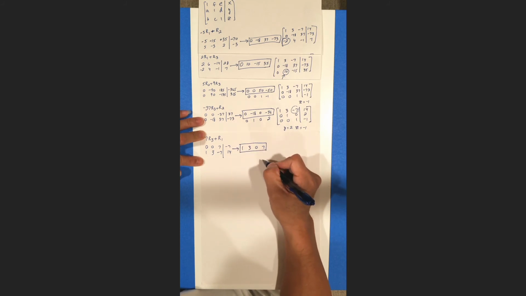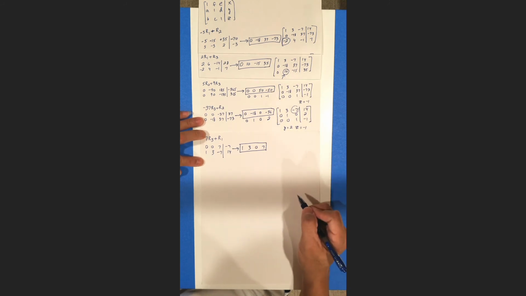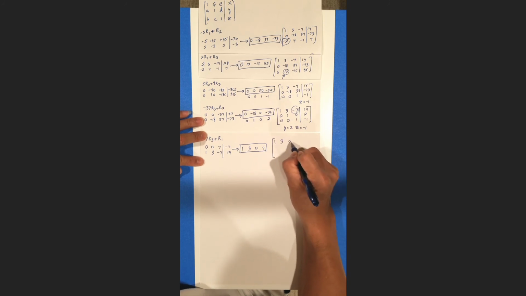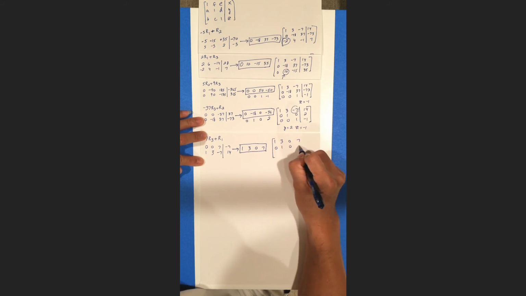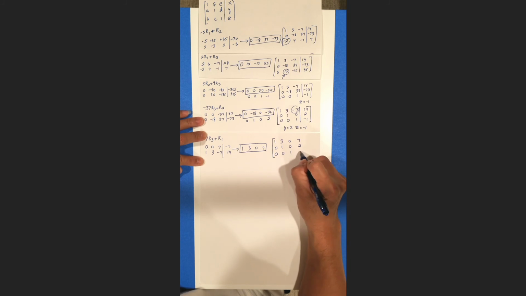The good thing about this equation is that the entry is 0. I'm going to replace it up there. My matrix now will be 1, 3, 0, 7. Second row 0, 1, 0, 2, and 0, 0, 1, negative 1.